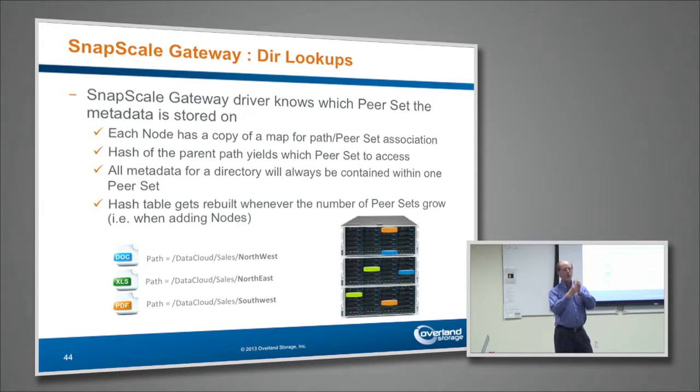That means I need to do a new hash table. I have an old hash table and I have a new hash table, and I have to migrate these small metadata files from their old location to the new location. This is what we call re-indexing, and it'll happen in the background while you're using the cluster after you've added nodes. It doesn't really seem to impact performance at all. It's just some shuffling. We have a series of locking schemes in place to protect the metadata as we do the move.